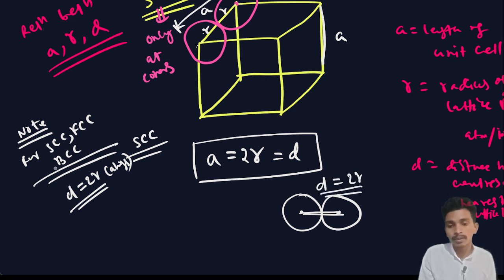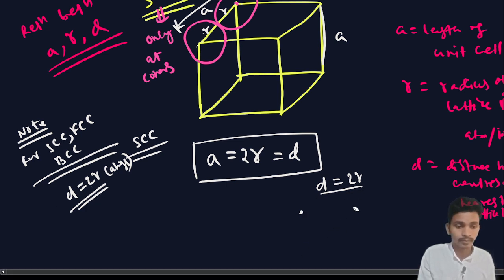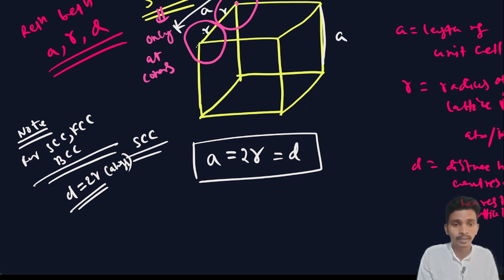So either SCC, FCC or BCC, D is always 2R. So for SCC, A equal to 2R equal to D. This you have to remember.